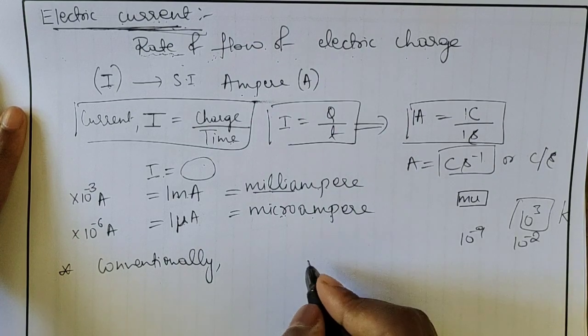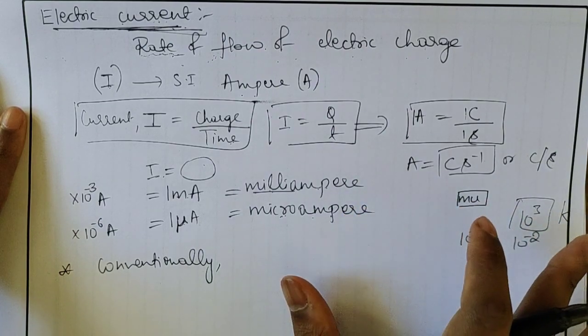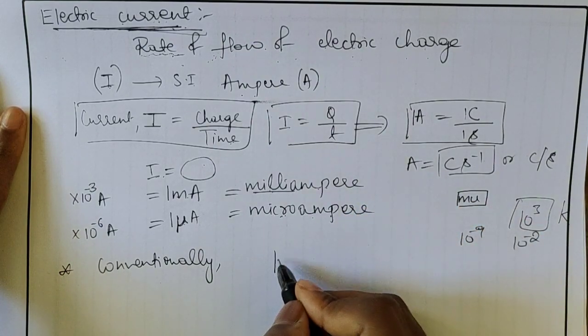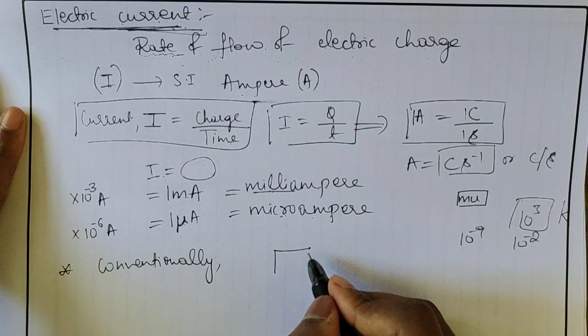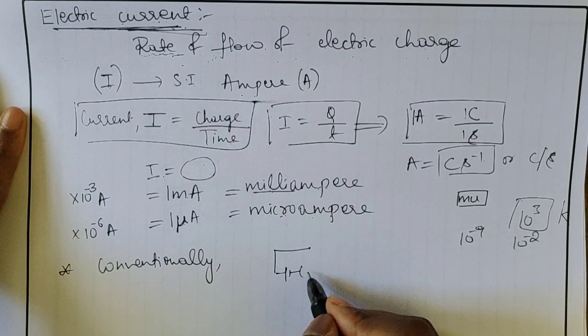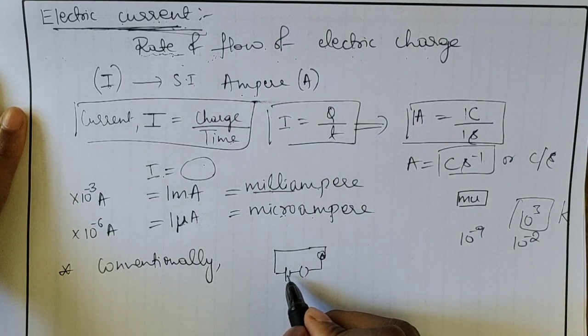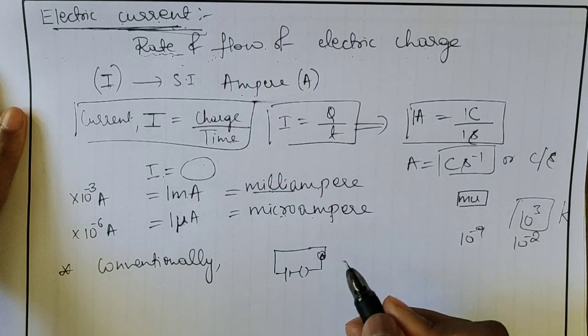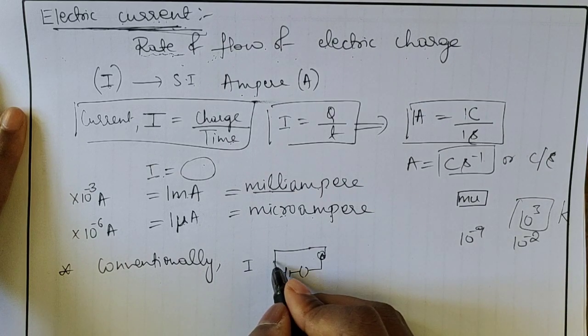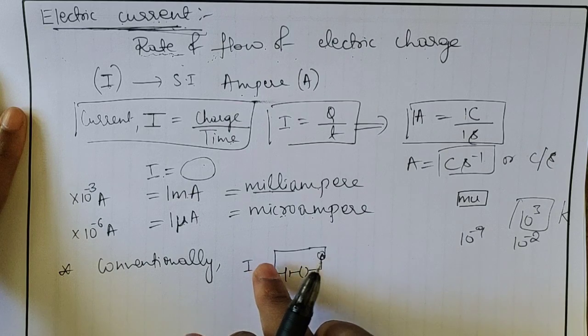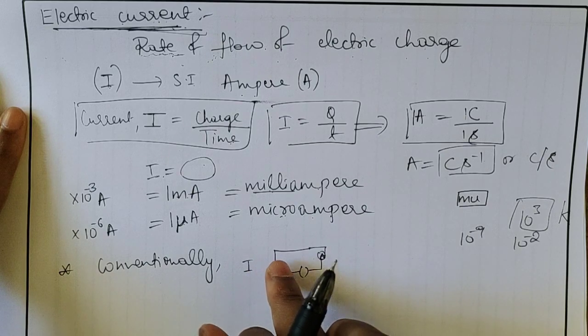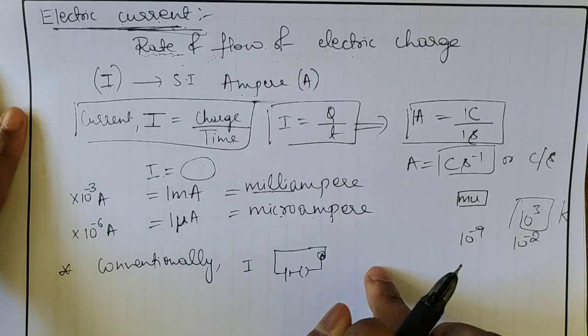In an electric circuit, mainly we have a battery, key and ammeter, etc. So here in an electric circuit, the direction of electric current is opposite to the direction of flow of electrons.